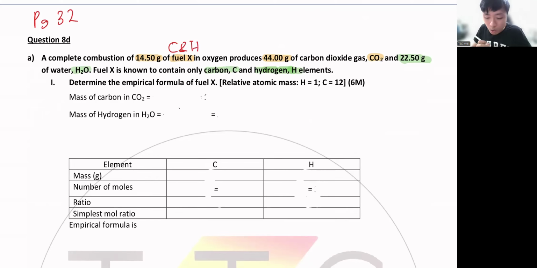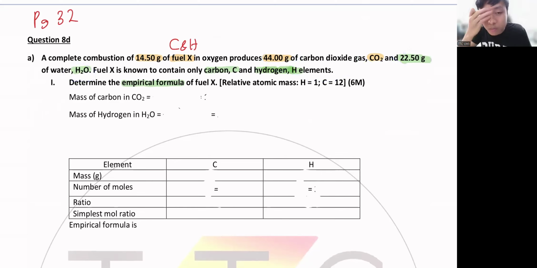So what they ask for is the empirical formula for fuel X. Now, what's a bit confusing is they give you 14.5 gram, but you don't know the formula of C and H. They give you all kinds of mass: 44 gram is carbon dioxide, CO2, and 22.5 is H2O.